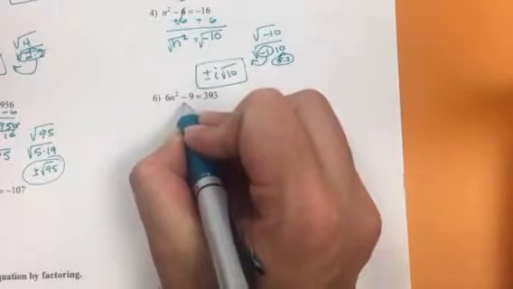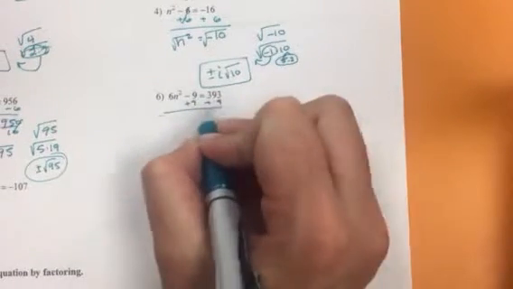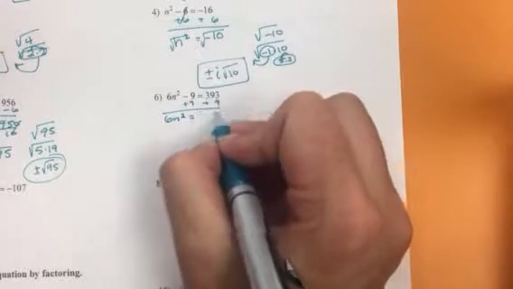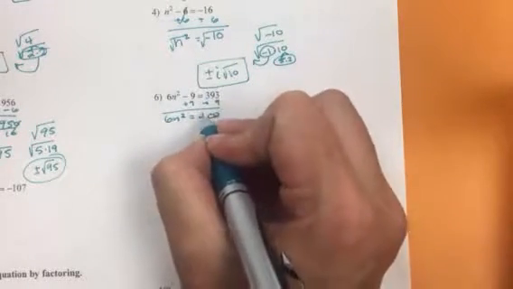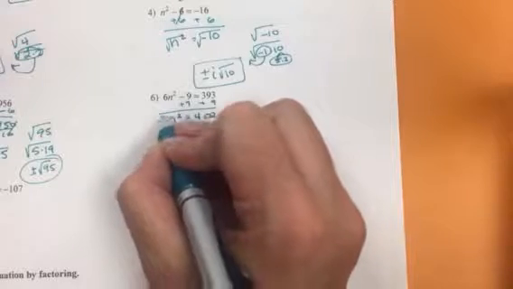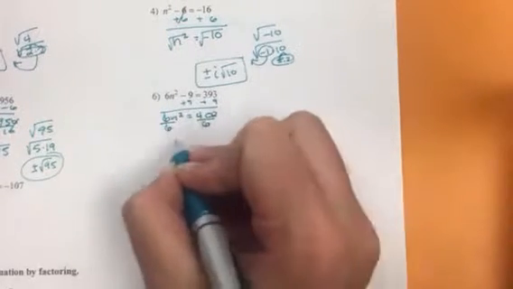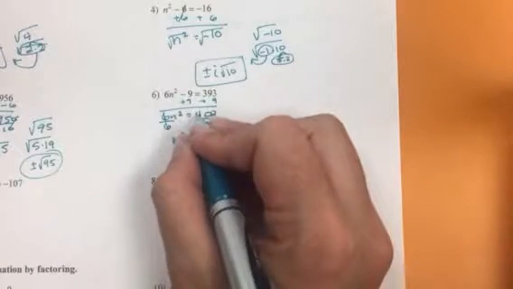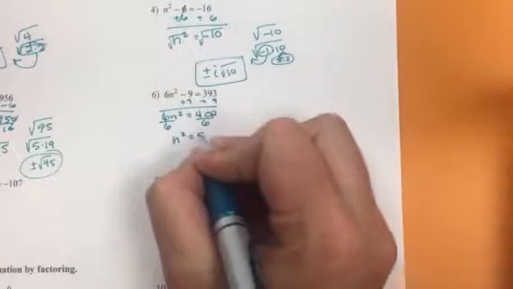N squared by itself, we add the 9. 6n squared equals 12,408. Divide by 6 to get the n squared by itself. 6 goes into 40. Let's see, 5 times.